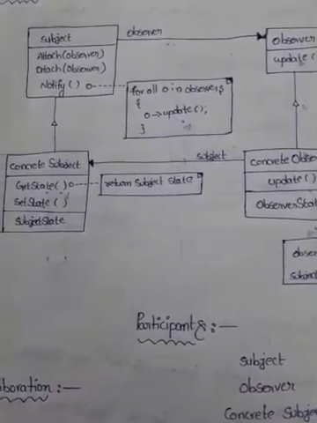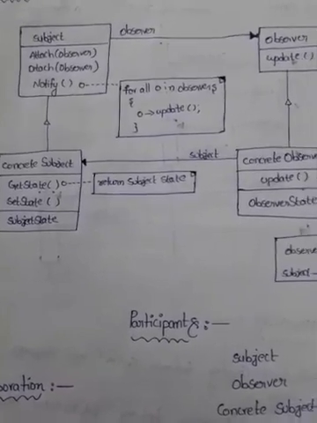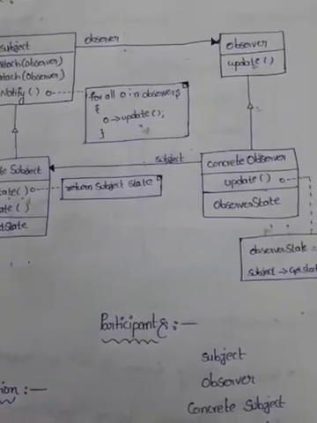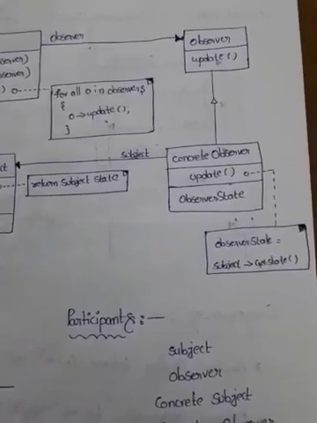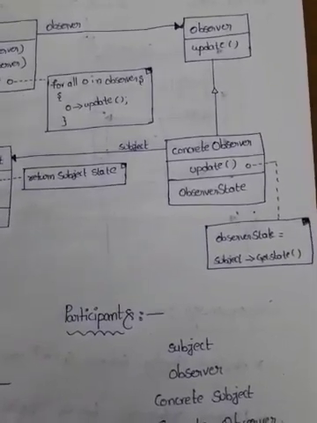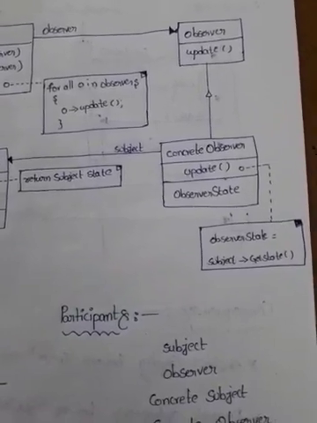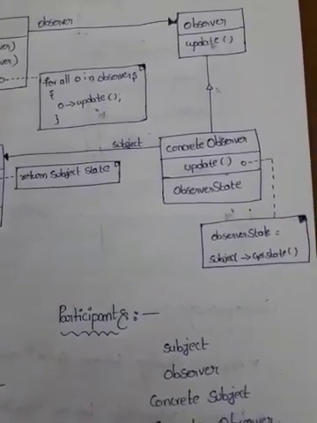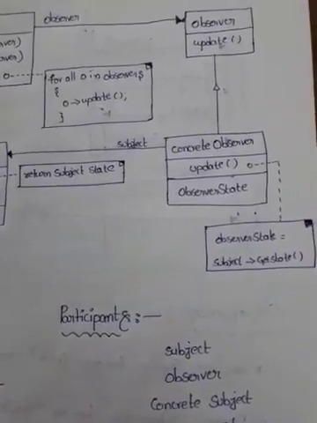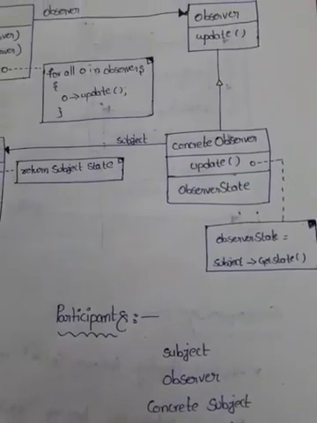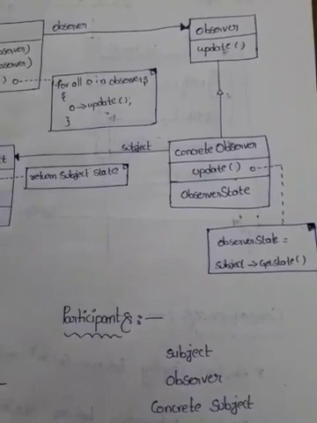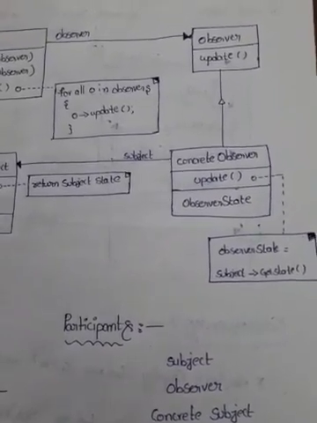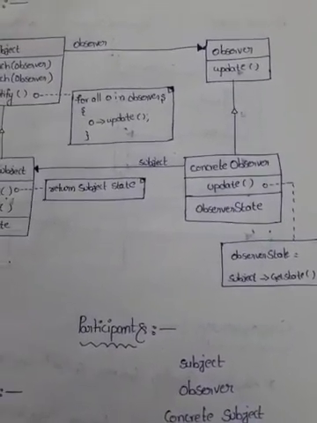This is the task done by the concrete subject. And coming to the concrete observer, it maintains a reference to a concrete subject object, and it stores state that should stay consistent with the subject, and it also implements the observer updating interface to keep its state consistent with the subject. This is the work done by the concrete observer.